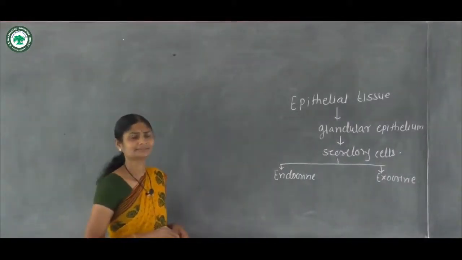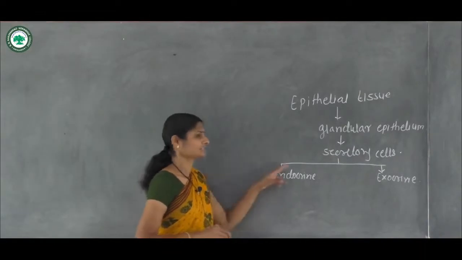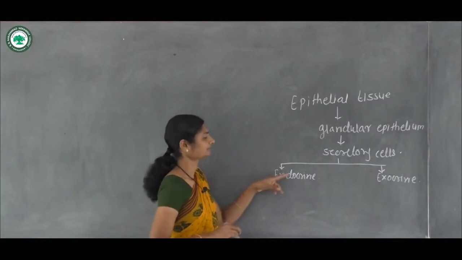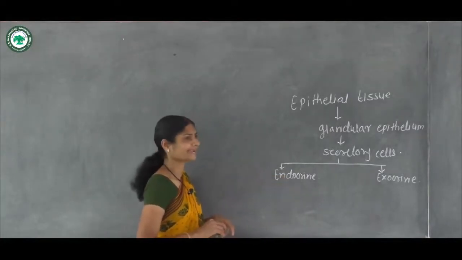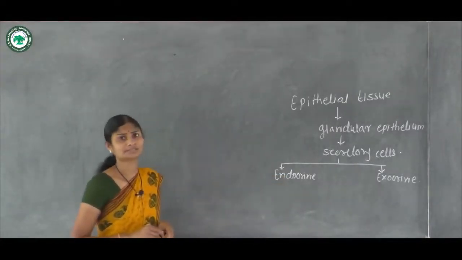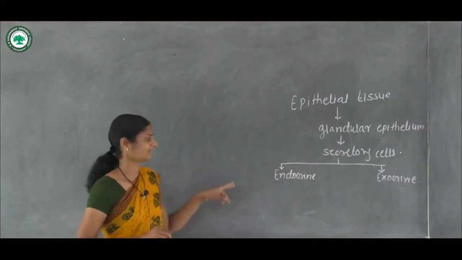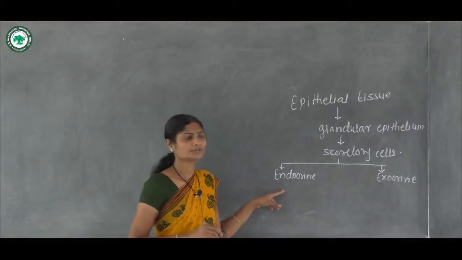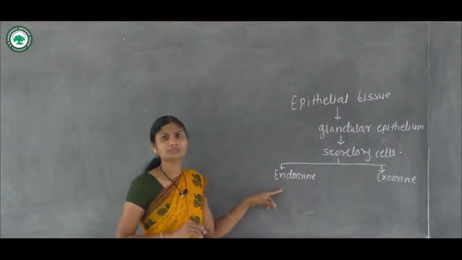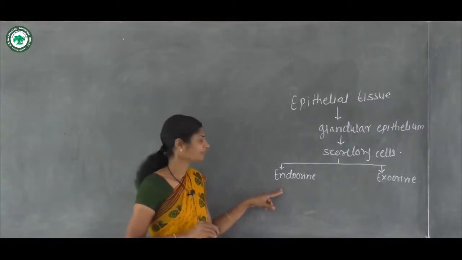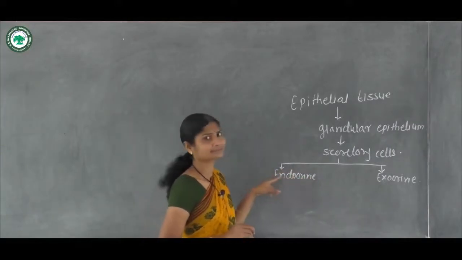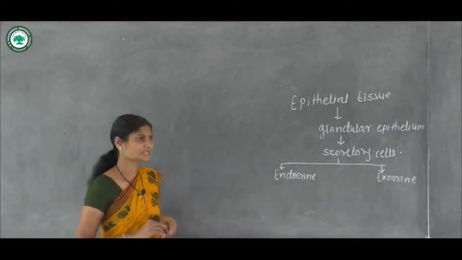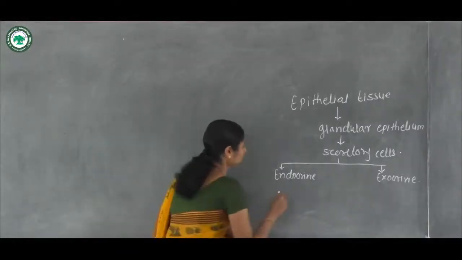These endocrine glands originate from inside the body, and they have no duct to carry their secretion. Their secretion is poured directly into the blood stream. These endocrine glands secrete a specific substance called hormone.